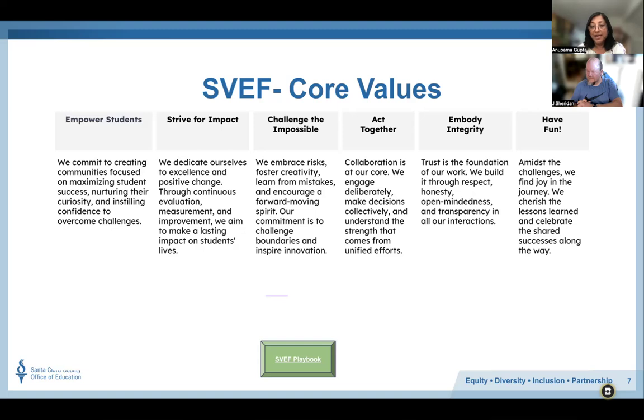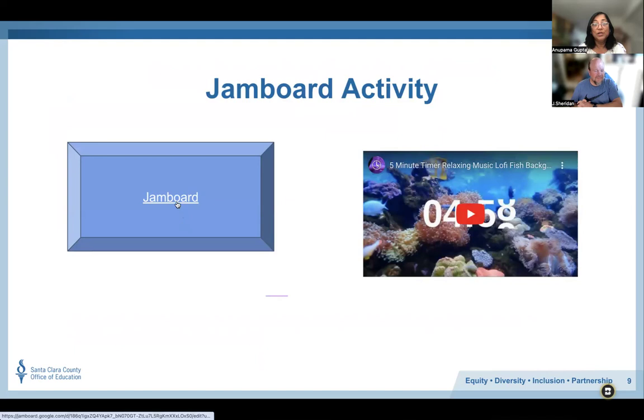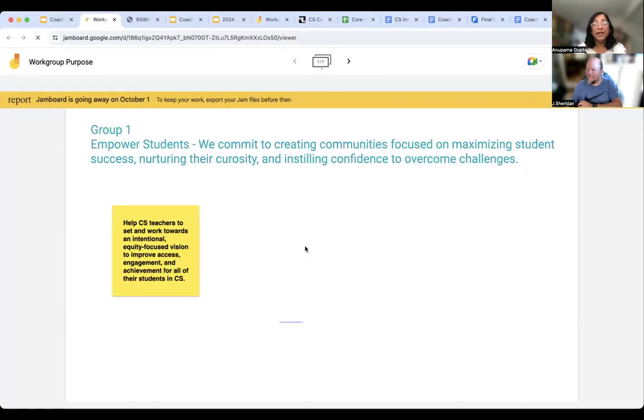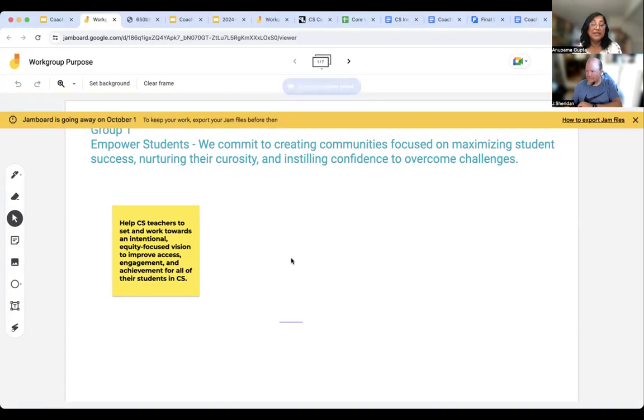And actually, on the next slide, I have this Jamboard. So if you click on the Jamboard, let's do it together. I have these core values here. And I did the first one, which says empower students. We commit to creating communities focused on maximizing student success, nurturing their curiosity, and instilling confidence to overcome challenges.